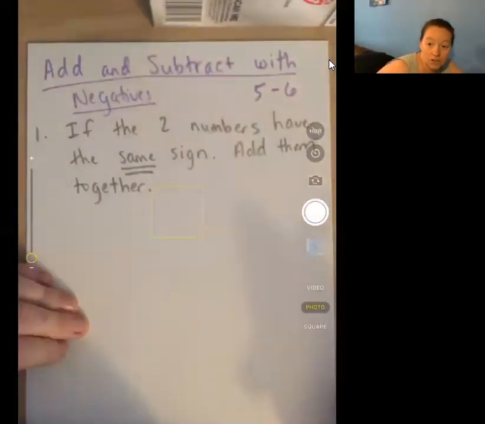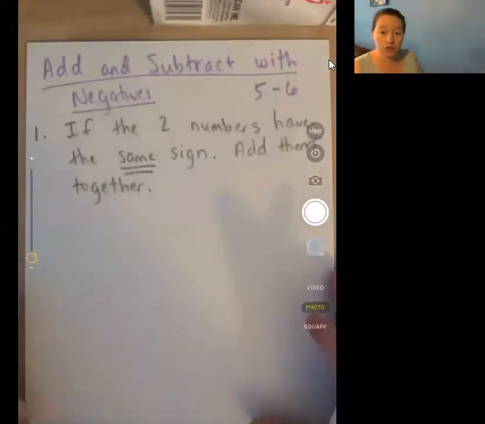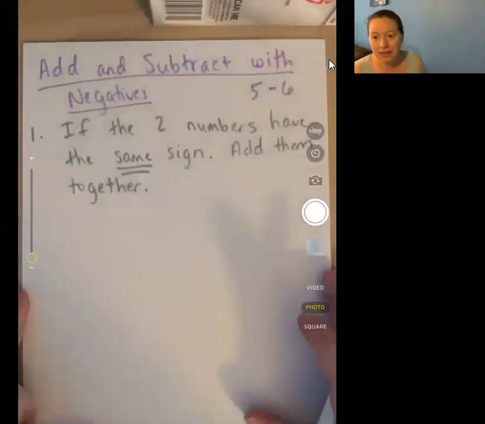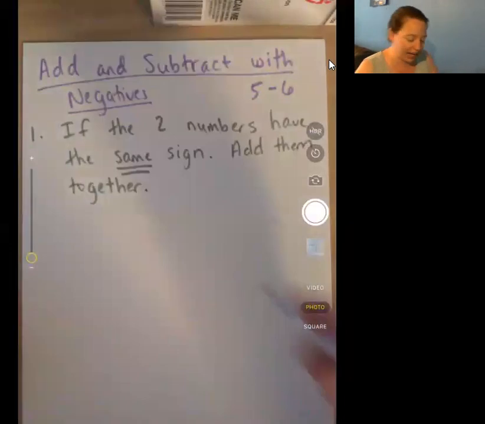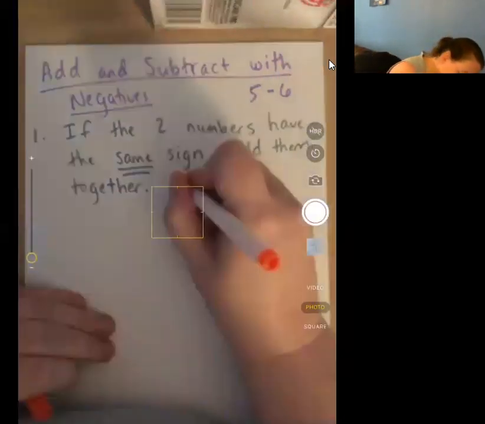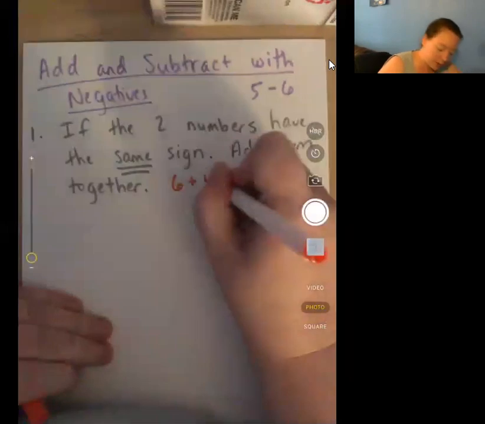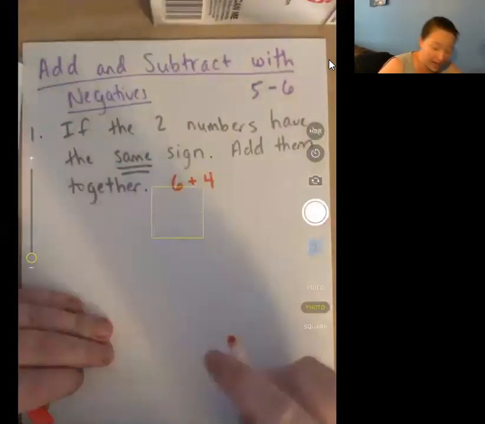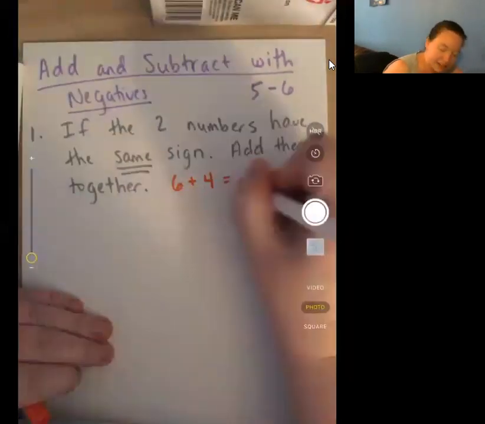Okay, so that's number one. If the two numbers have the same sign, add them together. That means if I have 6 plus 4, these are both positive signs. I add them together to get a 10.